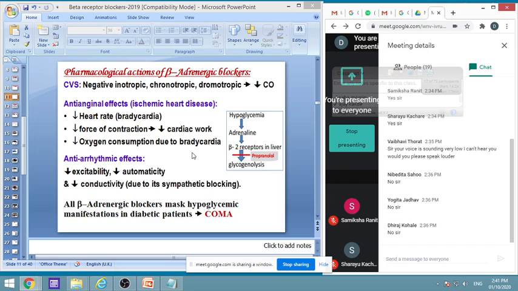They are effective in angina and also in arrhythmias. They have anti-arrhythmic effects. They decrease excitability, decrease automaticity, and therefore decrease conductivity of the heart, and they work in that way.